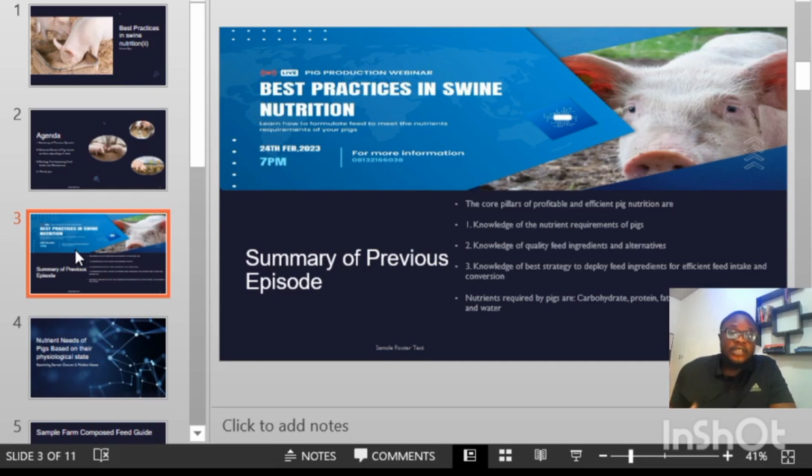So essentially, if you're not buying ready-made feed and you're making your own feed, you should be able to assemble materials that have the following nutrients: carbohydrates, protein, fatty acids, vitamins, and minerals, as well as ensure steady, free access to clean water throughout the day for the pig.